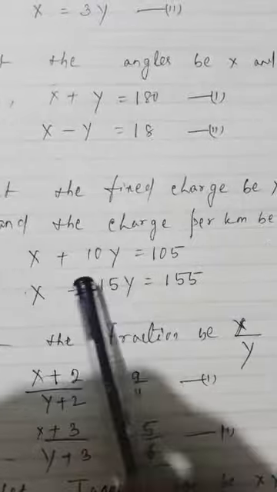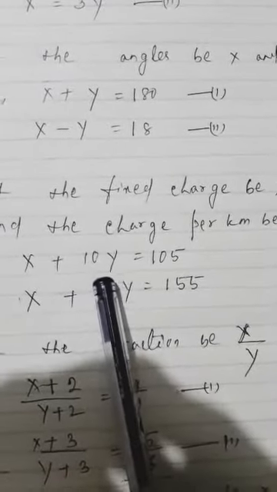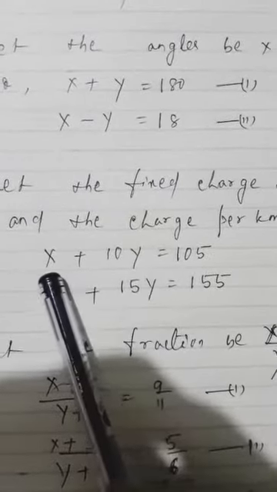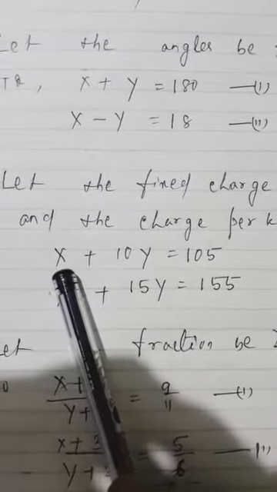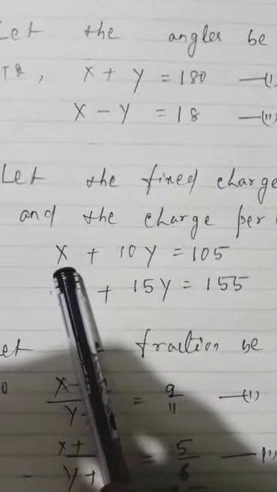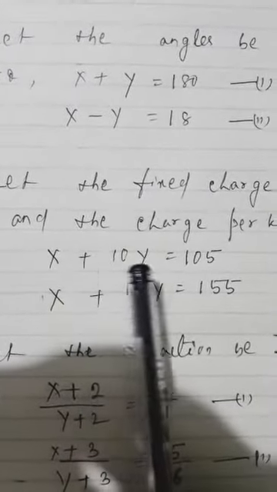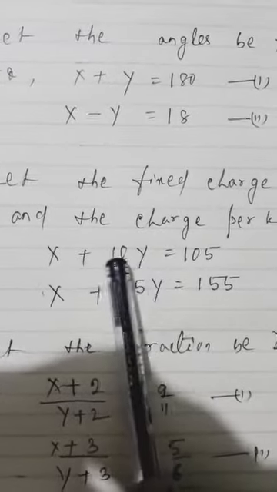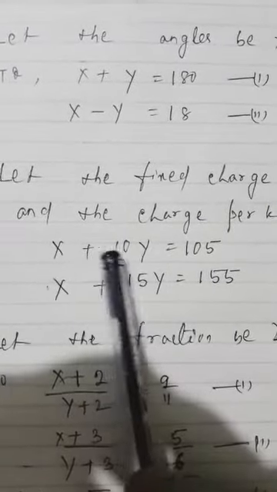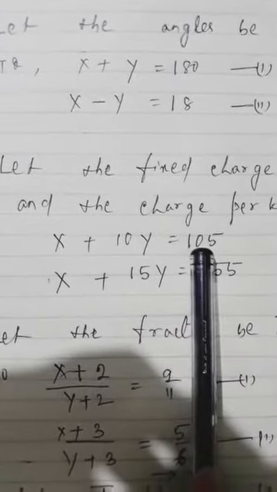So whenever 10 kilometers is covered, someone has to pay x rupees which is fixed plus y rupees per kilometer. So for 10 kilometers, 10y rupees is the charge. So x plus 10y equals 105.